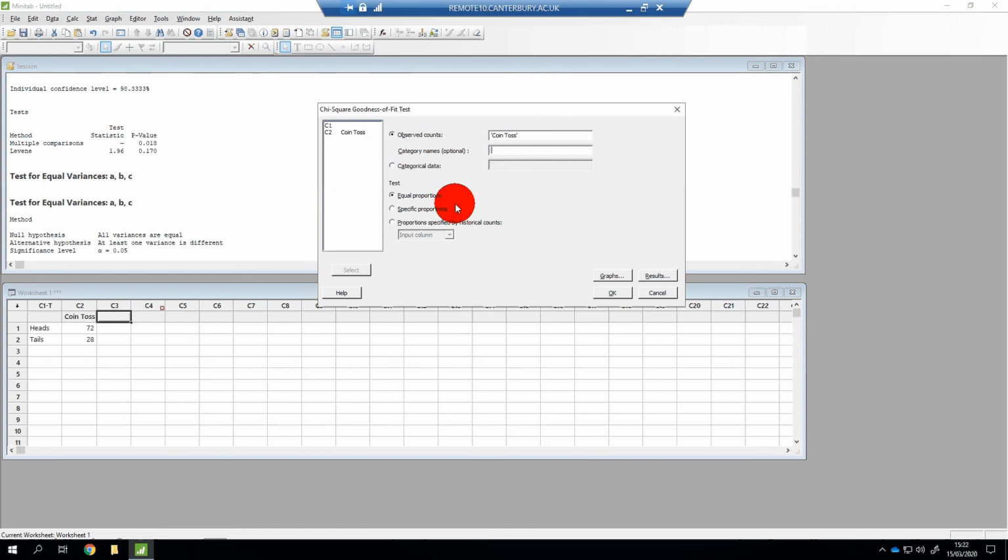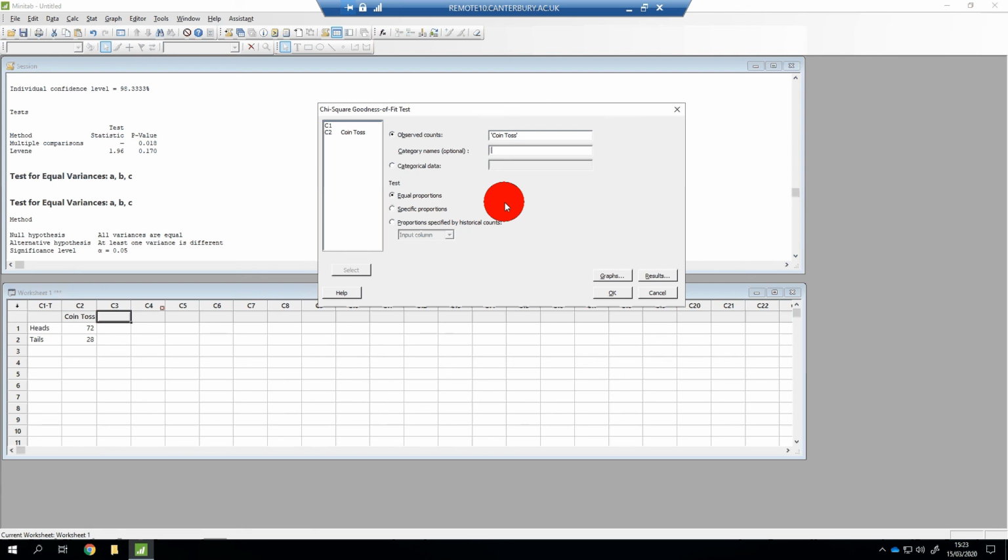Now, the test it's asking me to apply, I have a range of options. I could say equal proportions, specific proportions, or proportions specified by historical counts. These will all do the same thing, but using different reference points for Minitab. In this case, the easiest option is just to use equal proportions, because we've just discussed I would expect to find equal proportions of heads and tails in my coin toss, right?